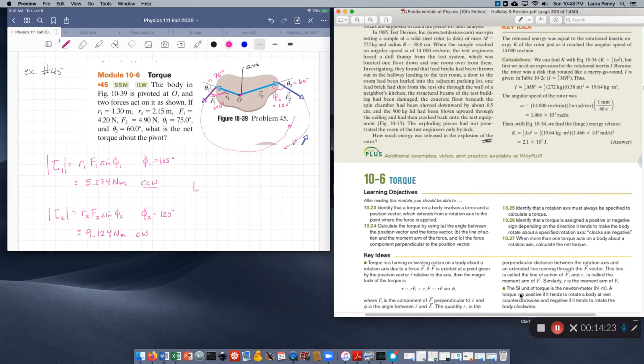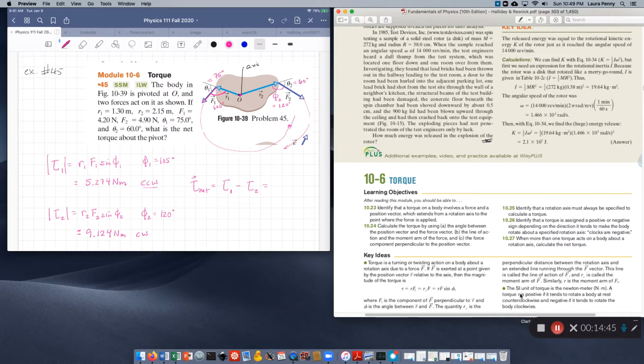So when I go and do the net torque, I'm going to say, well, this T1 is a counterclockwise torque, a positive torque, and T2 is a negative torque, and so that has to equal my net torque, which is all that it's actually asking me to find.